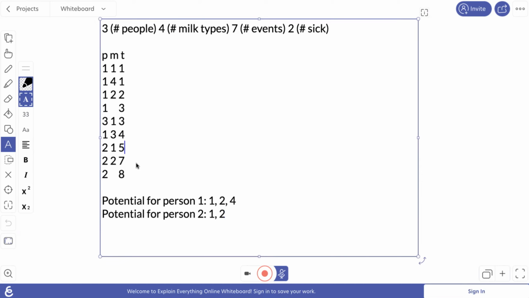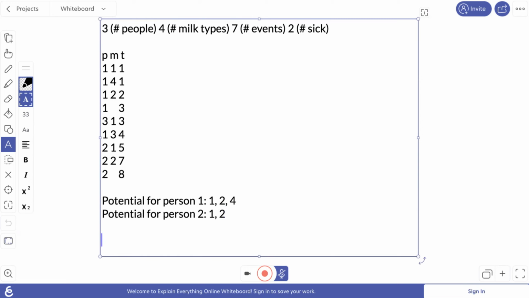After going through that, since we know the contaminated milks are milk number 1, 2, and 4, and 1, 2 are both possible suspects because they overlap for both the sick people.